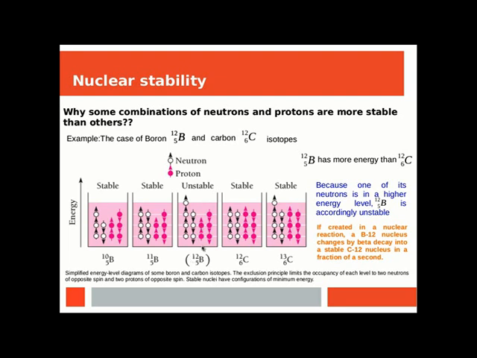Now if you compare boron 12 with the arrangement of carbon 12, you see carbon 12 has all three energy levels filled. The total number of nucleons in carbon 12 is the same as that in boron 12, but carbon 12 has 6 neutrons and 6 protons, which was not the case in boron.